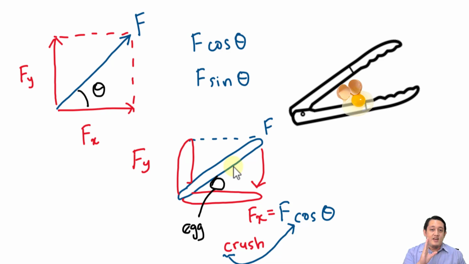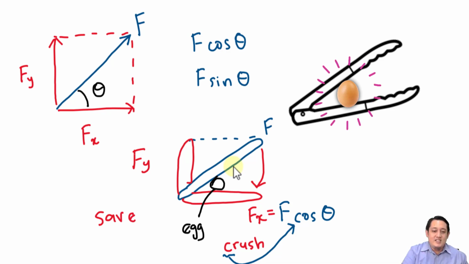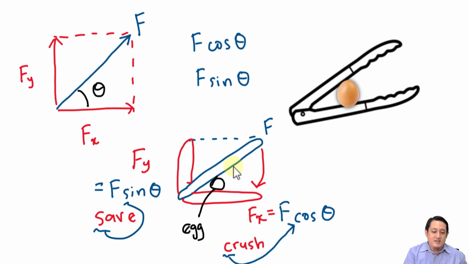This egg will be saved. So when it is saved, to calculate Fy is F sin theta. Save is represented by sin.